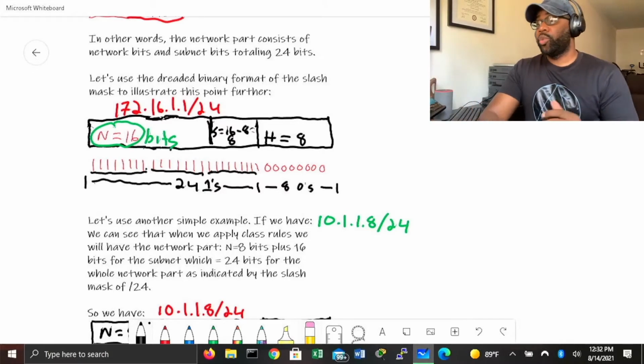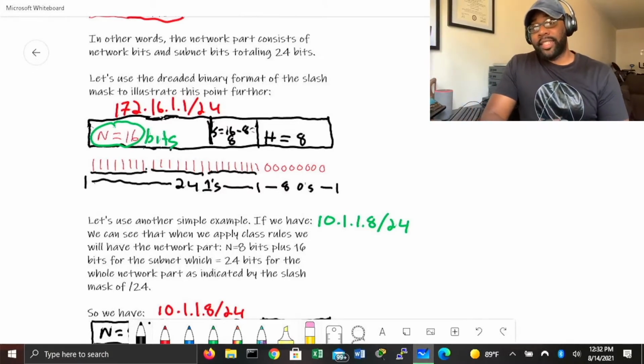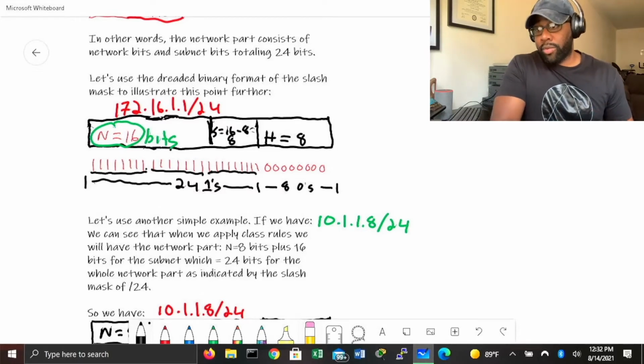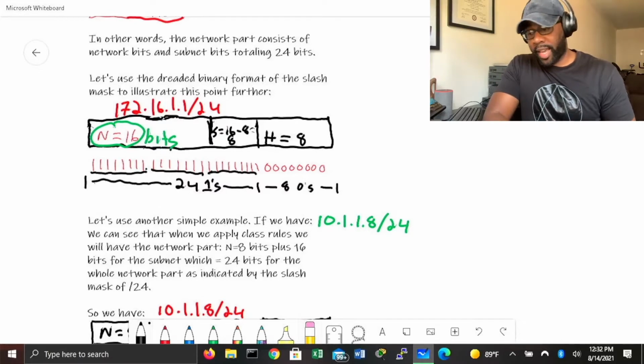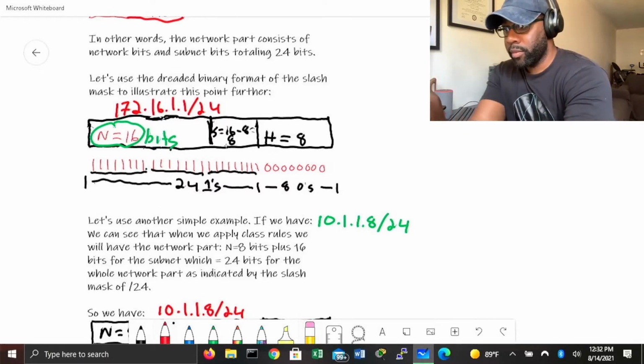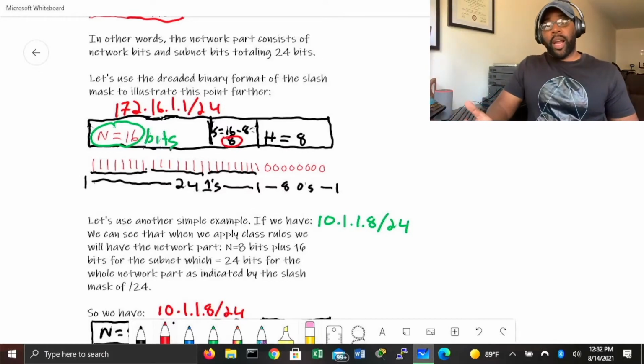But since we know that N is equal to 16 and this is locked, that means that there's 8 bits left over, right? 24 minus 16 gives you 8. Voila, magic, right?